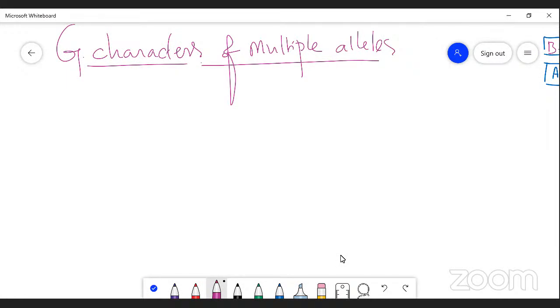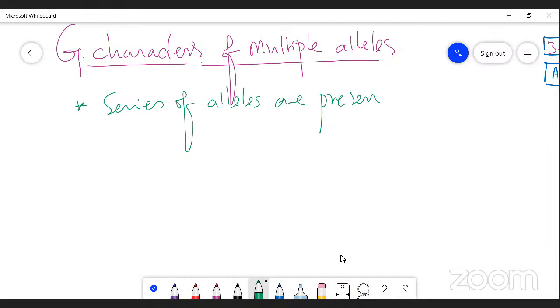First of all, a series of alleles are situated at the same locus of the chromosome. A series of alleles are present on the same locus, which is found on the homologous chromosomes. The second one: mostly these multiple alleles are responsible for the same character.